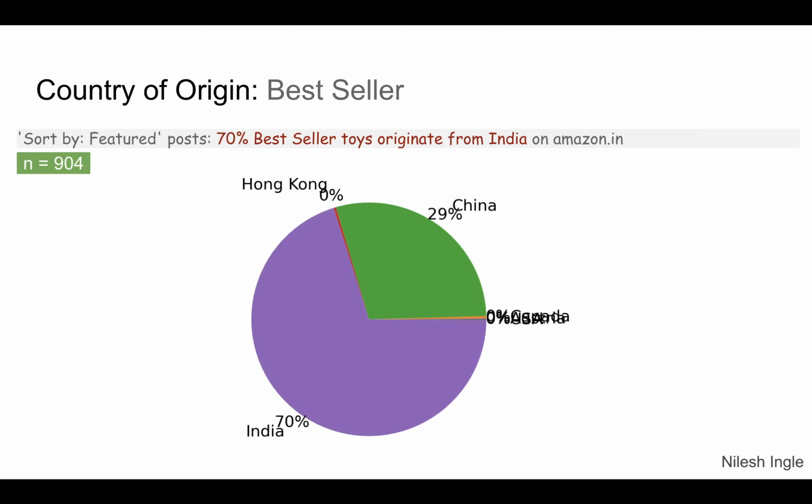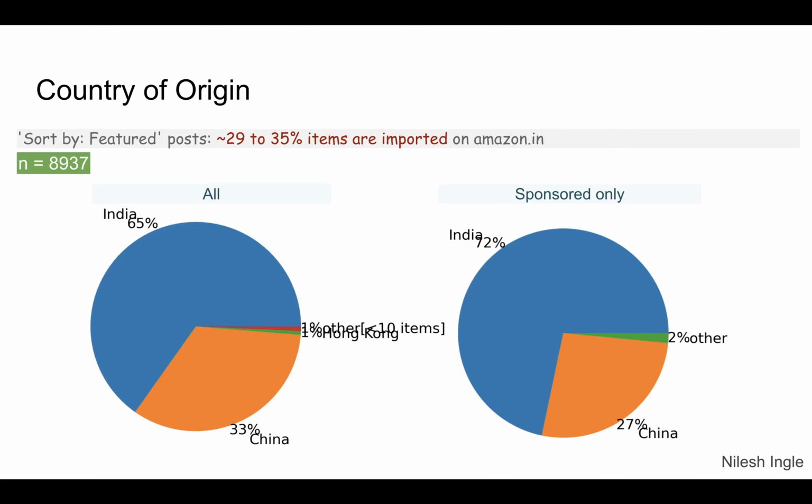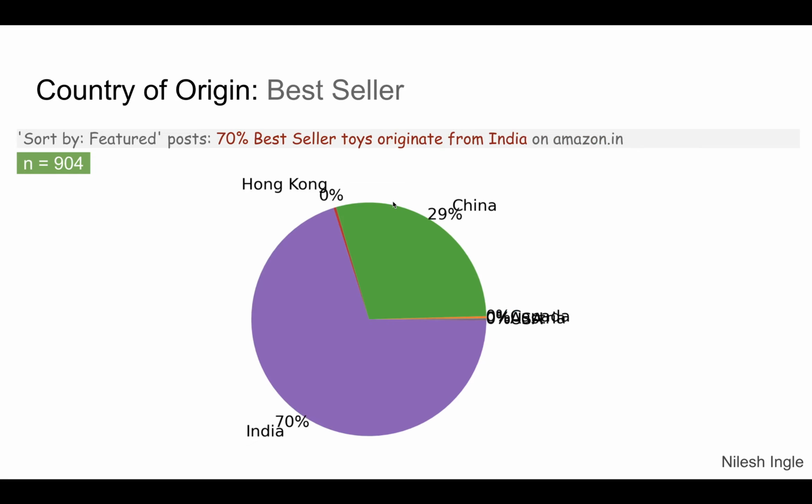Now, if we look at again the bestseller country of origin, in the previous case we looked at all items, this includes sponsored, bestsellers, everything, non-sponsored. This was only sponsored. Now we are looking at only the best sellers.